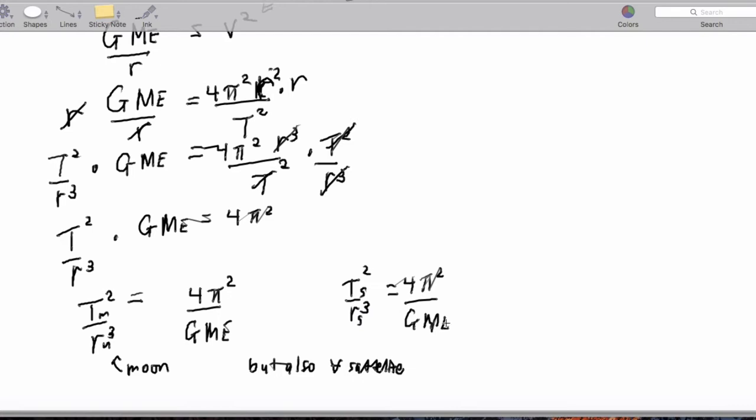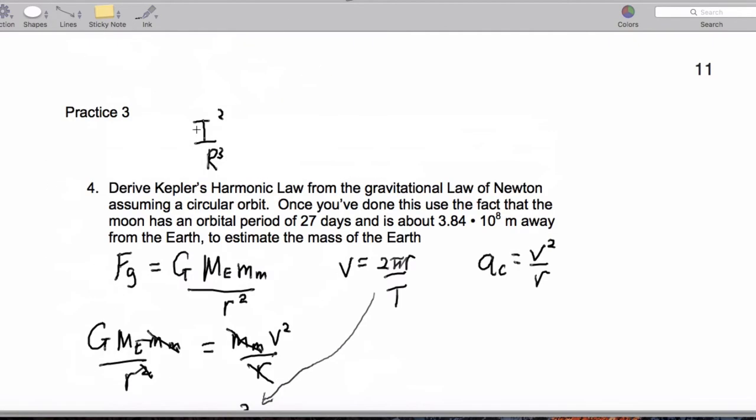So what that tells me is that this dude is equal to that dude, and hence we come up with the original statement of Kepler's law of T1 squared over r1 cubed equals T2 squared over r2 cubed.